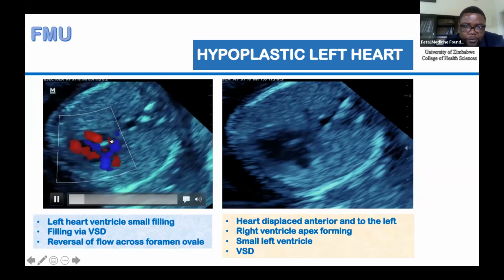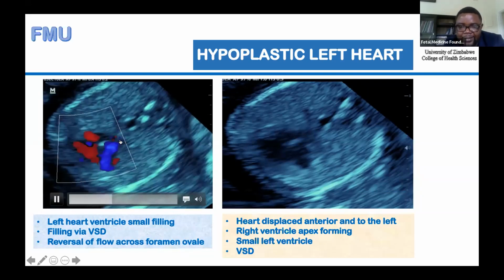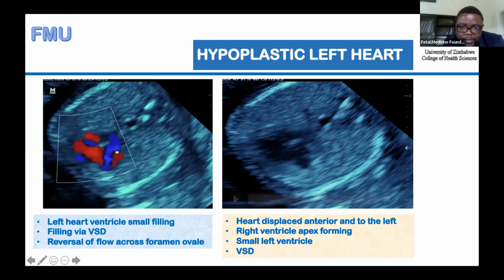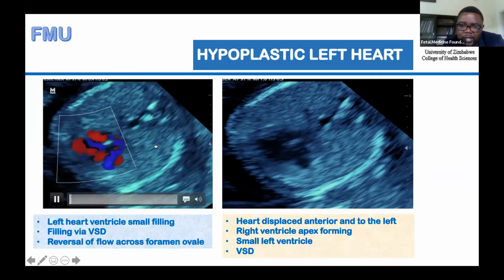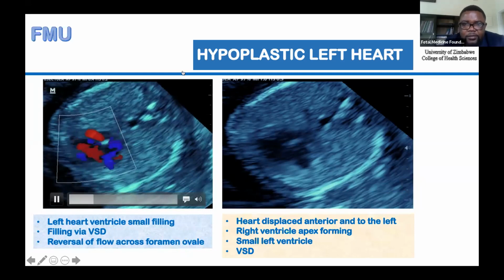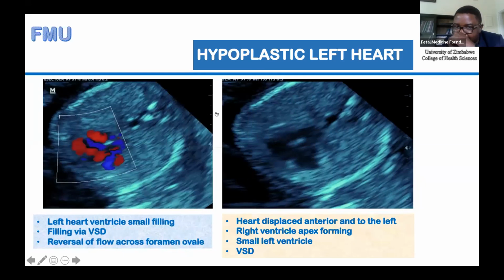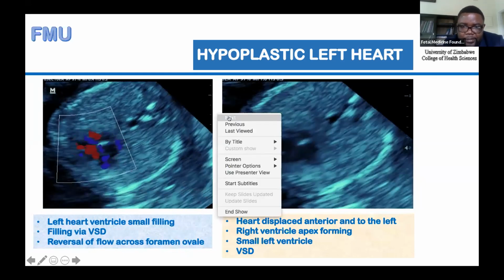This was a case of hypoplastic left heart in one of our ladies. She came at 16 weeks. We saw this at 16 weeks. So this is how you can recognize some of the defects.